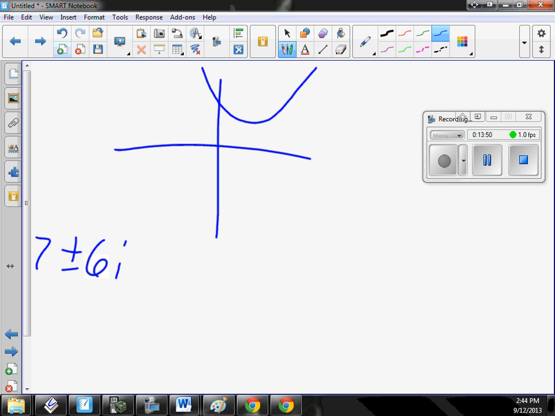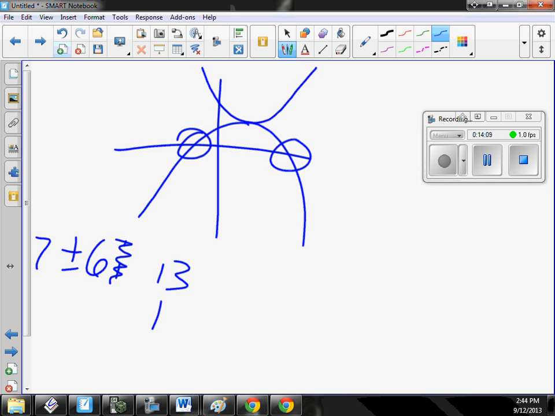And actually, if you were to take the graph and mirror it in the other direction, the roots would be the same roots you see here without the i. So 7 plus 6 is 13, and 7 minus 6 will be 1. So actually, the graph looks like this, where this would be 13, and this would be 1.